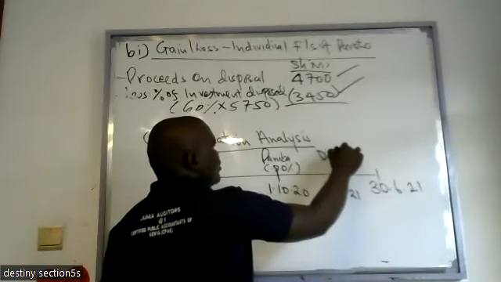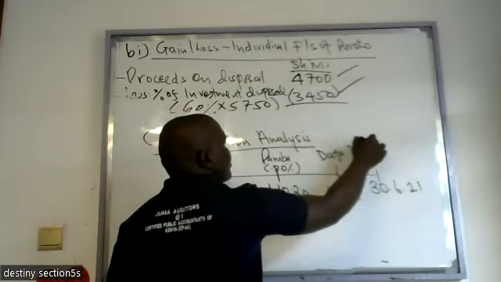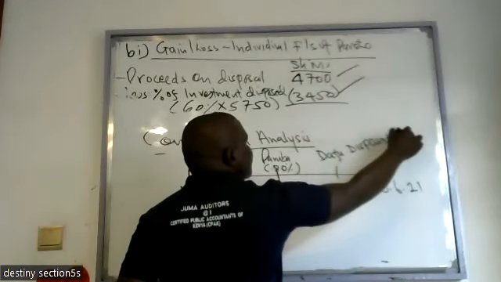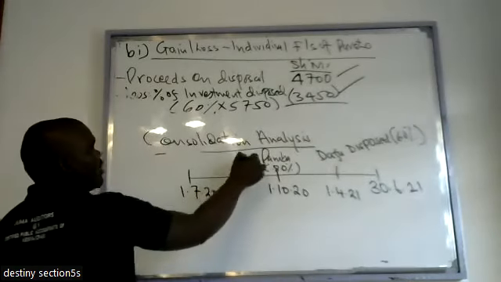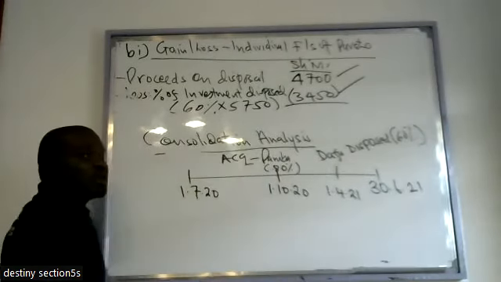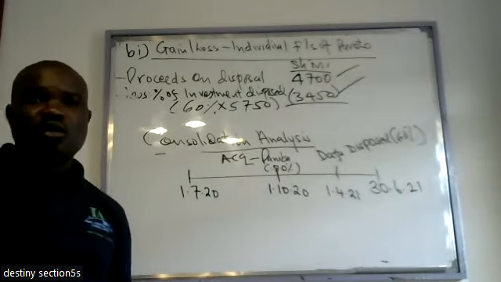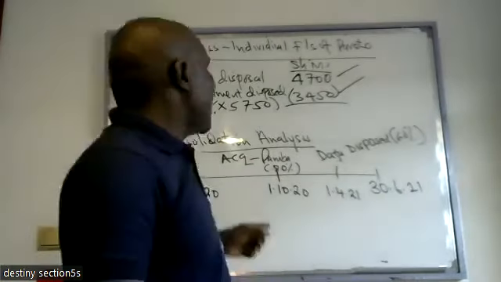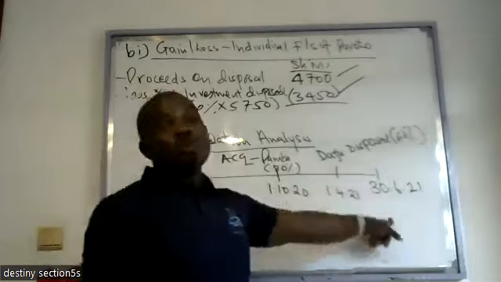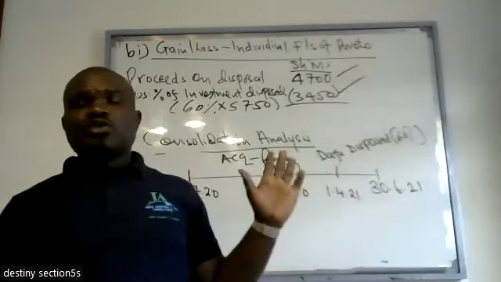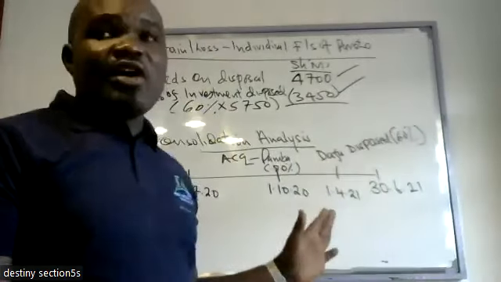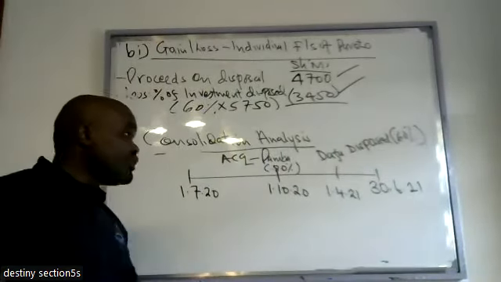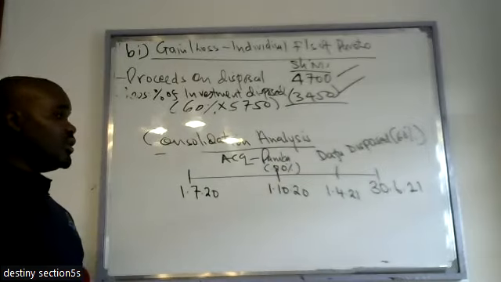Dafu disposed, 60%. Pamba was acquired. Dafu was disposed. So you need to be very cautious, otherwise you will get everything wrong. You have to be very keen.